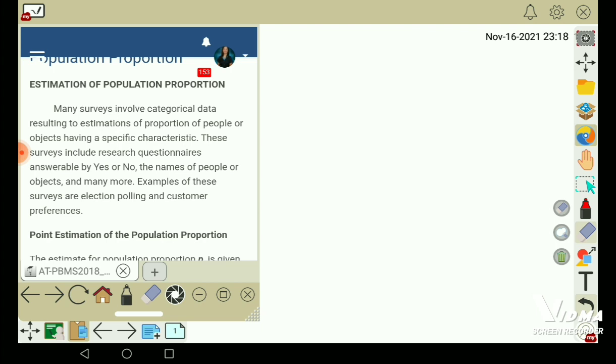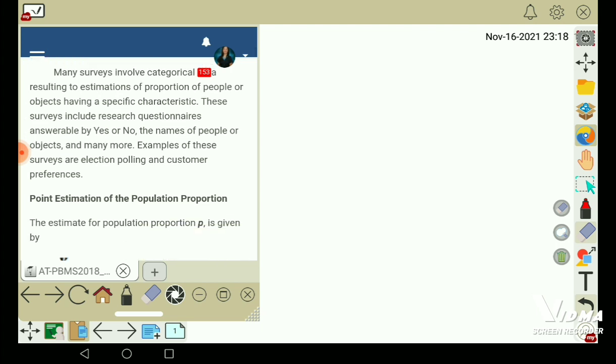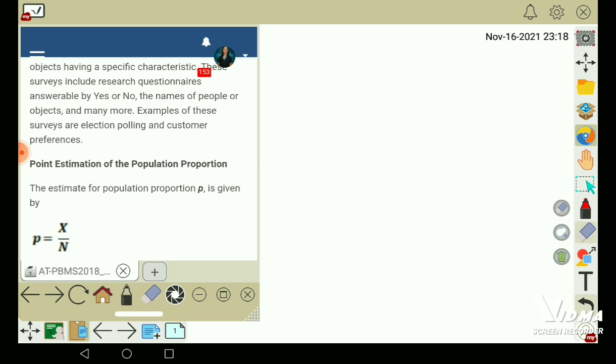These surveys include research questionnaires answerable by yes or no, the names of people or objects, and many more. Examples of these surveys are election polling and customer preferences.